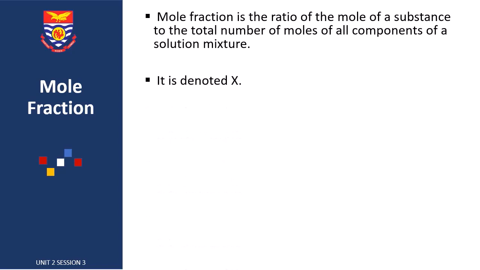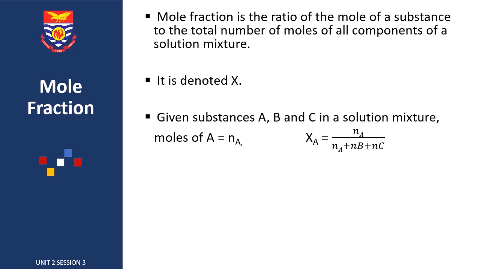It is denoted by capital X, and then we write the particular species we are looking for as a subscript to the X. So for example, in a solution where we have components A, B, C, and we want to find the mole fraction of, let's say, A, then we know that moles is represented by the letter small n. So small n subscript capital A represents the moles of A.